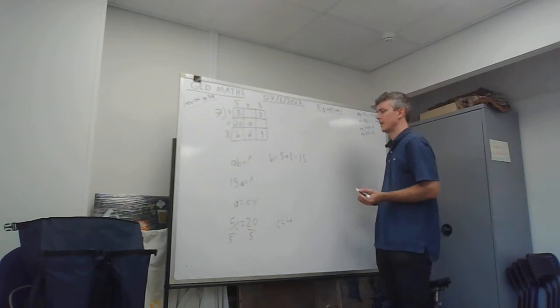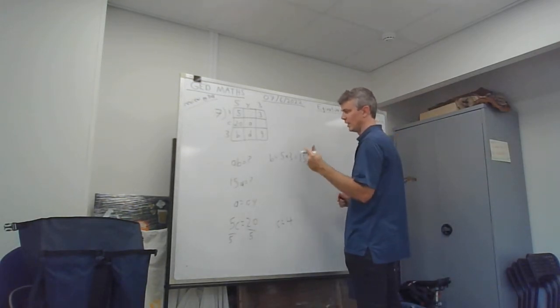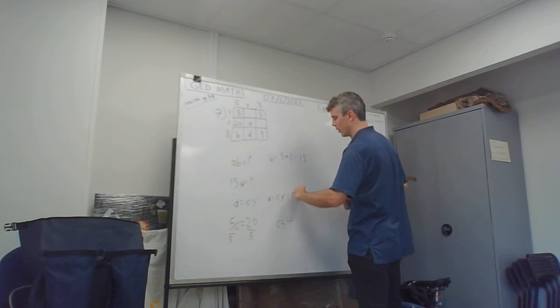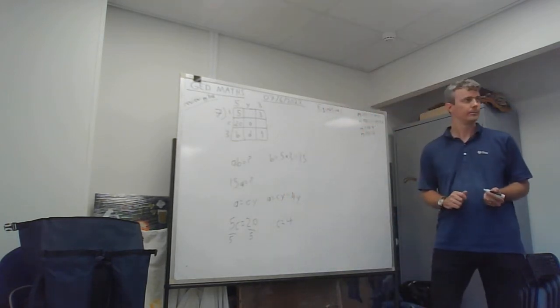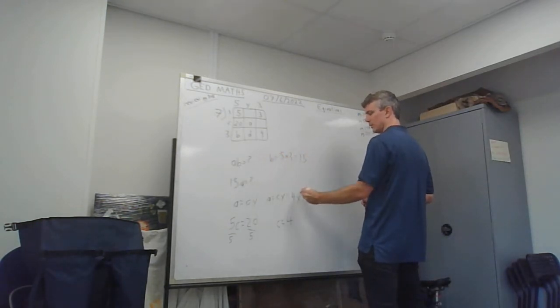That means A equals CY, which equals 4Y. So now we have B equals 15 and A equals 4Y.